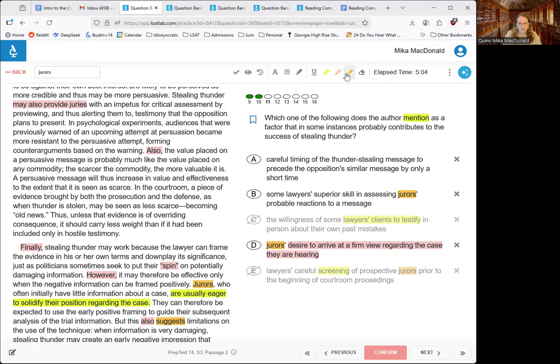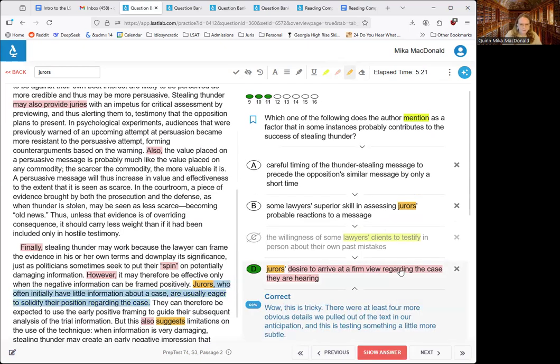And there's not really another word that means juror other than juror. And so that was a really helpful word to search for because they couldn't hide it the way they did eager to solidify, desire to arrive at a firm view. That's really tactical by them. Really, really tactical.